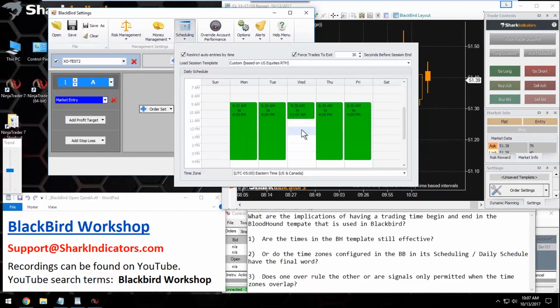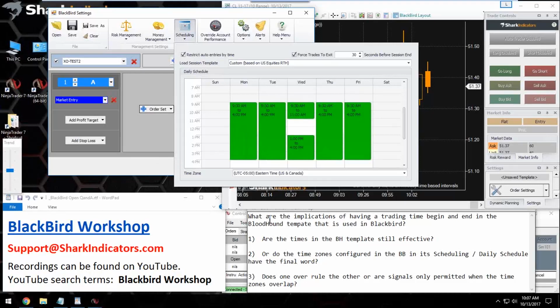We'll make a 1 hour break on Wednesday. There we go. Okay, 1 hour break. And I'll make it a 2 hour break, just so there's a nice big wide break there.